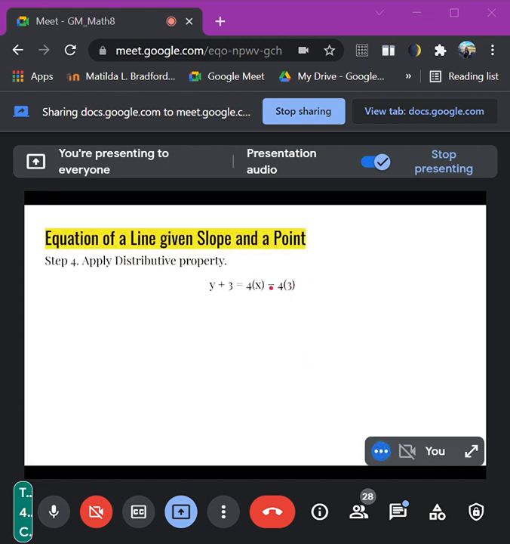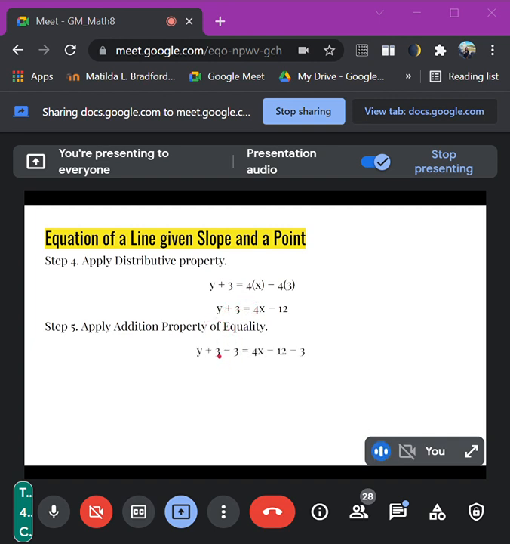That's one. And now, you're going to simplify again. So, this one is y plus 3 and then 4x. 4 times x is 4x. And then negative 4 times 3, that is negative 12. And then, we apply our addition property of equality, so that what remains here is just y.